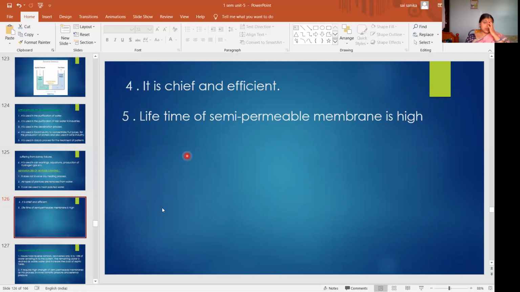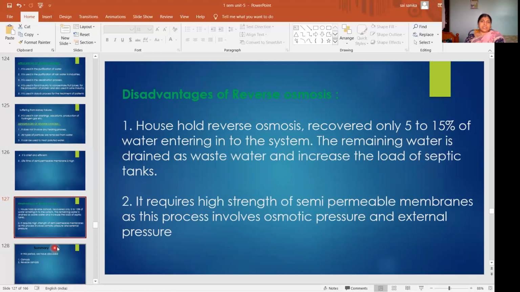Reverse osmosis also has some disadvantages. In household reverse osmosis, of the water entering the system, only 5 to 15% is recovered, and the remaining water is removed as wastewater.